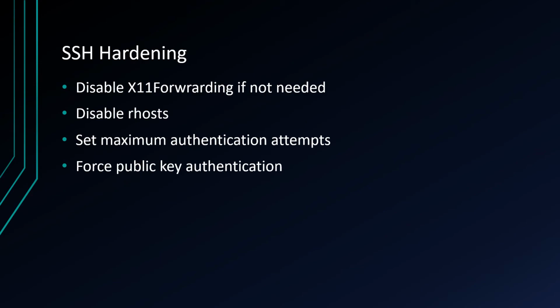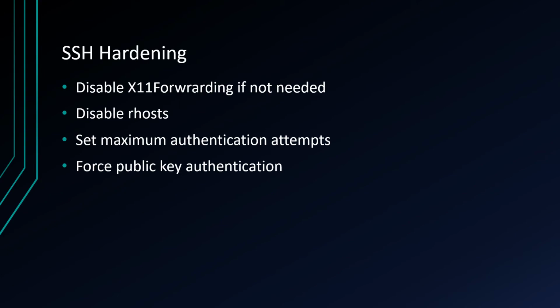Building on top of this, it's also recommended to force public key authentication instead of allowing password authentication. And once again, this is just to minimize the possibility of a brute force attack, by forcing the connections to only use public key authentication.